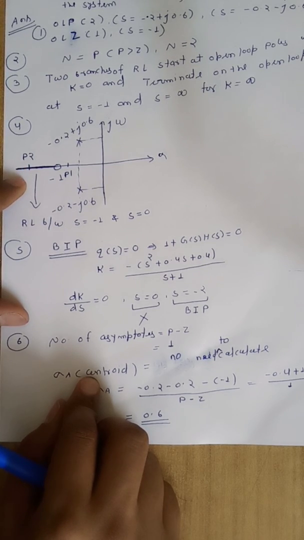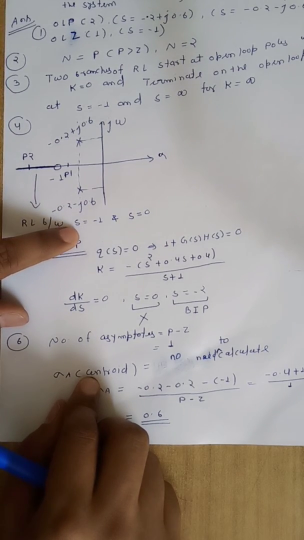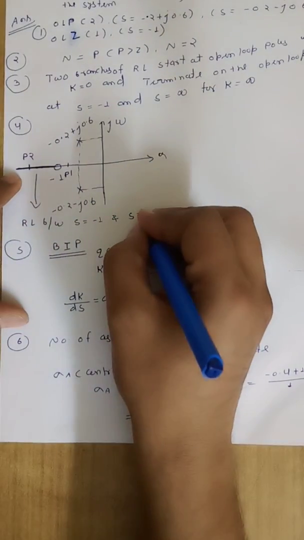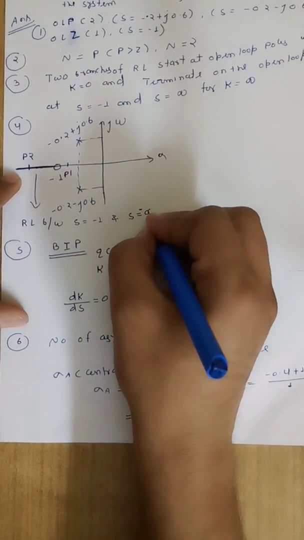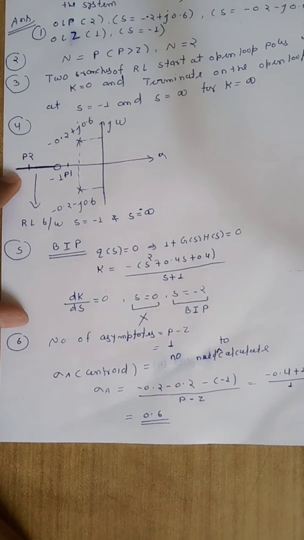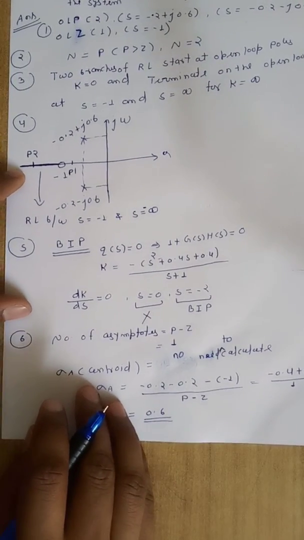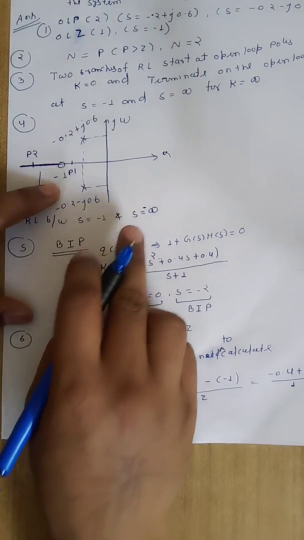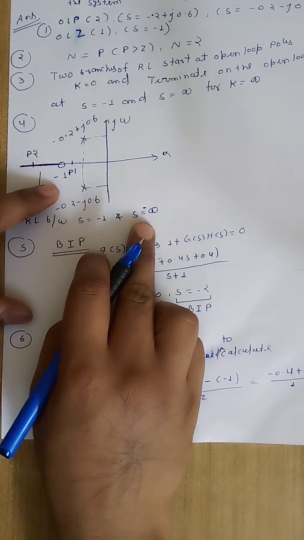So we can say root locus on the real axis exists between s equal to minus 1 and s equal to minus infinity.